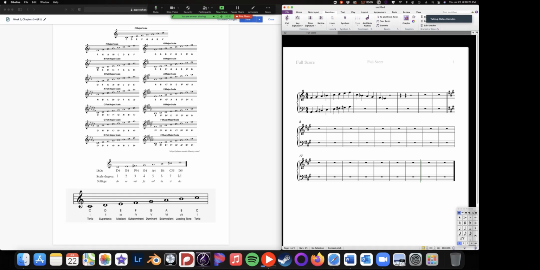Okay. So either one of those would be correct. D is, technically, scale degree 1 and 8, depending on how you're thinking about it. So if you were to come across that in an assignment, either one of those can be used correctly.